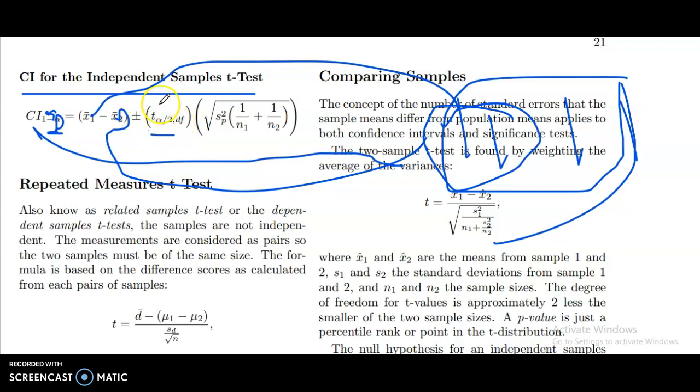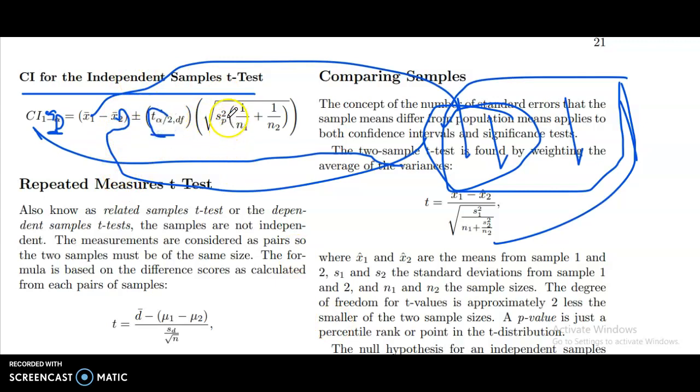That is t alpha divided by 2, which means the average. Generally, 1 by 2 means half, like making 50%.